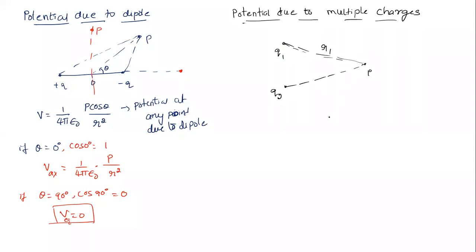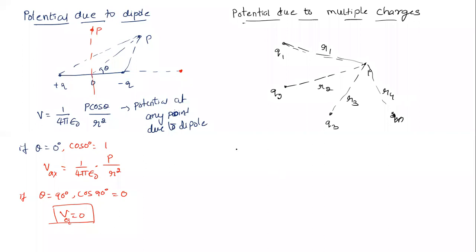Like that, I'll take one more, Q3, and like that, Qn. Now I'm going to take one by one. The distance for the next is R3 and for the last, Rn.